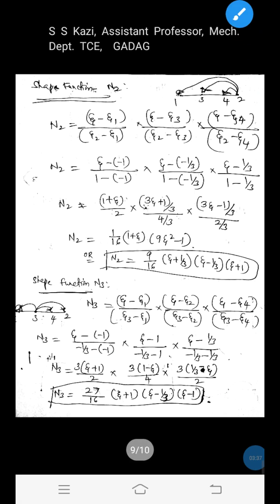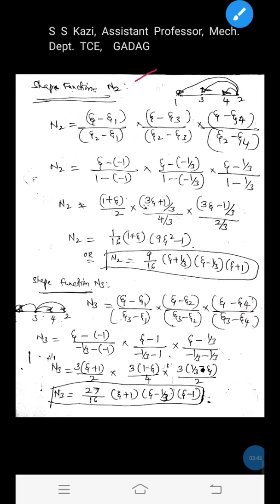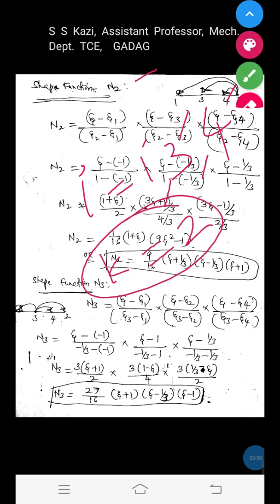Now, on the next page I will proceed to find the n2 shape function, where I varies as I is equal to 1, I is equal to 3 and I is equal to 4. Again you will get 3 products, 3 ratios, and k is equal to 2, that is the node at which the shape function has to be determined.